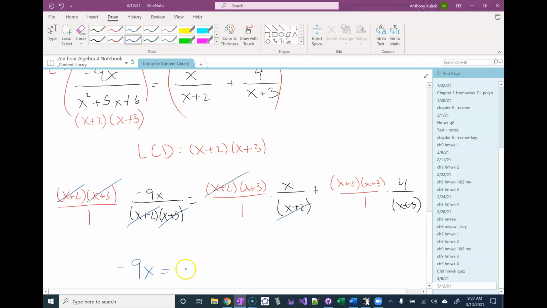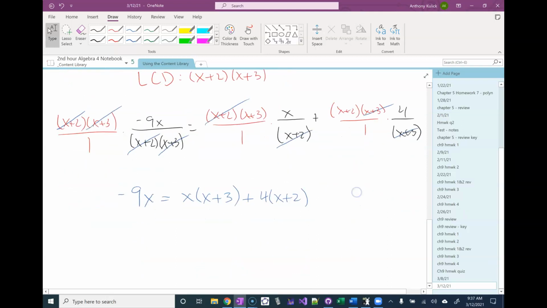When I multiply the second pair together, I get x times x plus 3. And when I multiply the last pair together, I get 4 times x plus 2. Are we all okay with what I did to get to there?